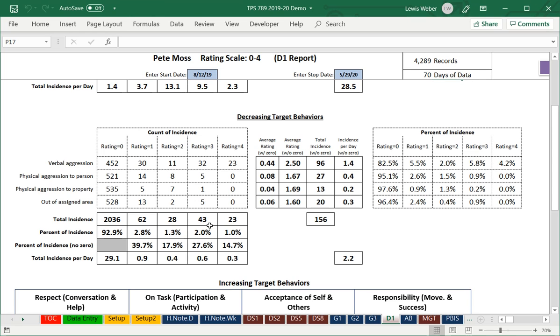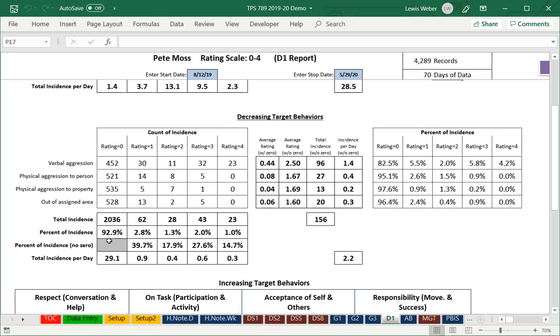And 43 times across all target behaviors, there was a recording of a 3 and so forth. Now, of course, most of them were zeros, and that was 92% of all of the target behaviors across all recording blocks, because this is, again, showing a total of all data for the school year.